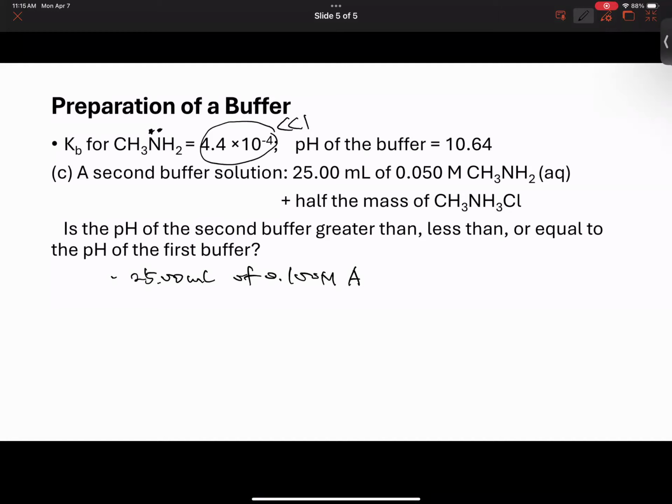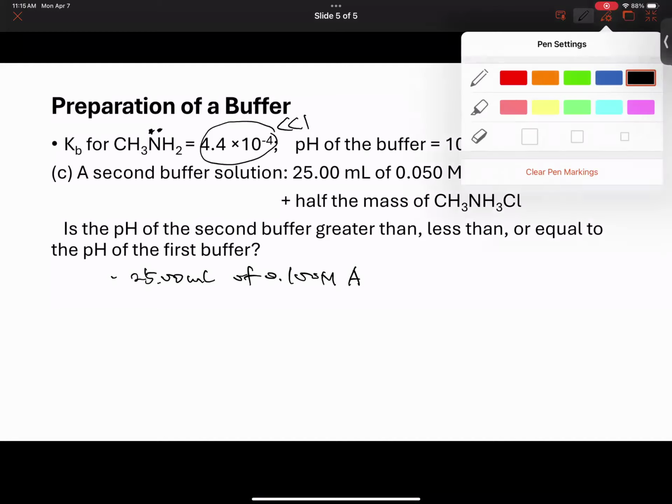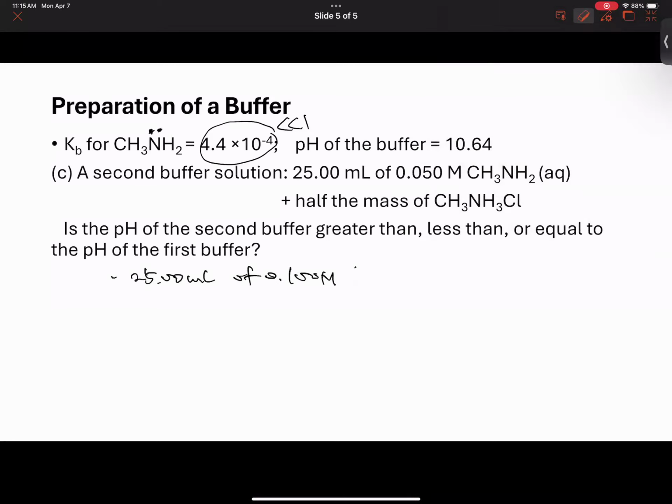Like, let me erase it and then write it again. So then it is 25 mL of the solution. So then the CH3NH2 was used, but now in the second the volume is same, but the concentration is now half of the solution.